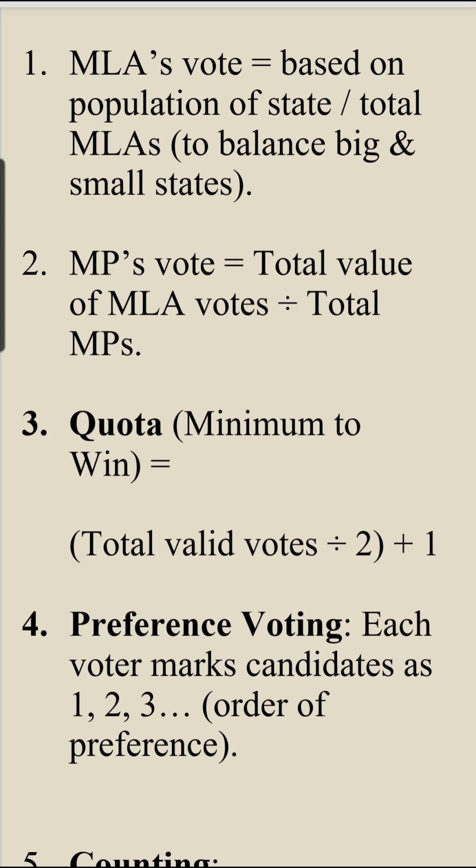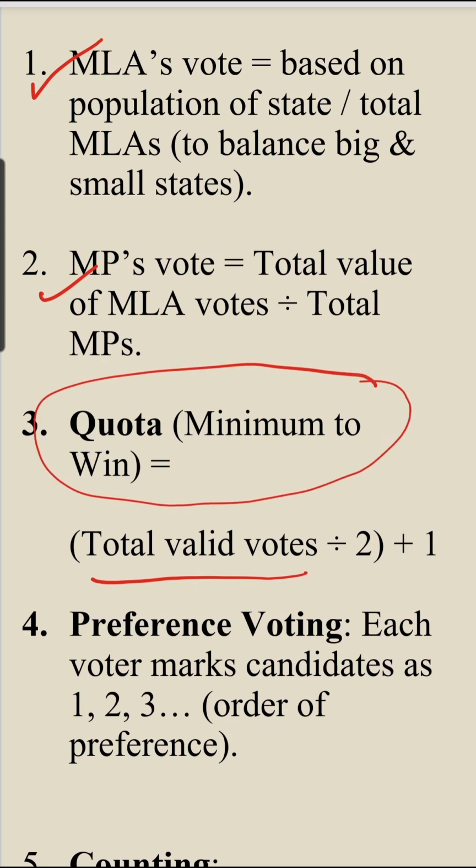So we will add the value of votes of MLAs and the value of votes of all MPs, divide it by 2, and then add 1 to it, and we will get the electoral quota, which is the minimum number of votes that are required for a candidate to win the presidential election.